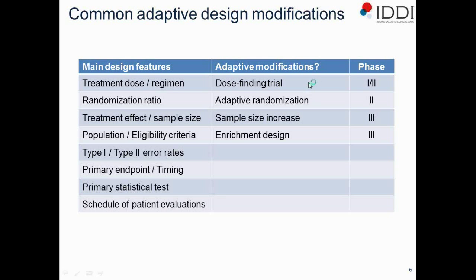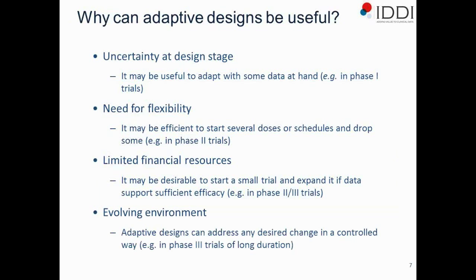Now, as I said, we will discuss today a very specific case study because we felt that it would be easier to discuss implementation issues if we were talking about an actual trial rather than in general. And the case study that we will actually look at is a phase 1 clinical trial. Before we move to the case study, perhaps a few generalities of why adaptive designs can be useful. Adaptive designs can be useful to handle uncertainty.